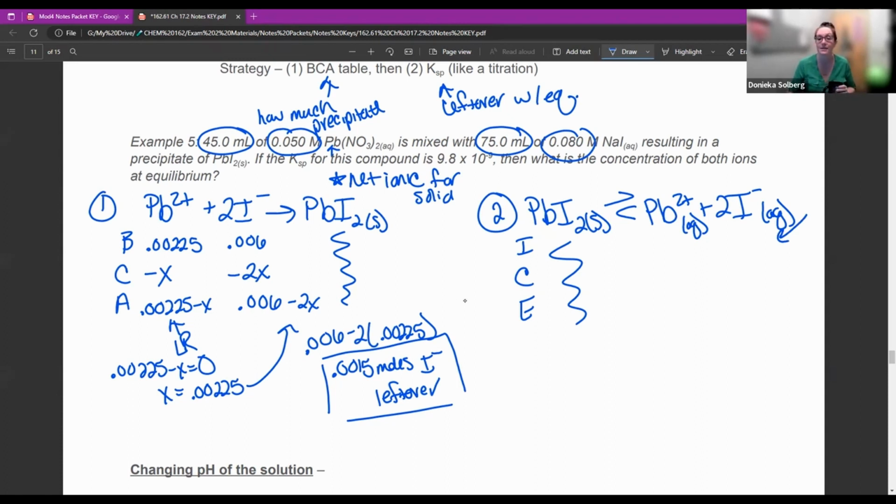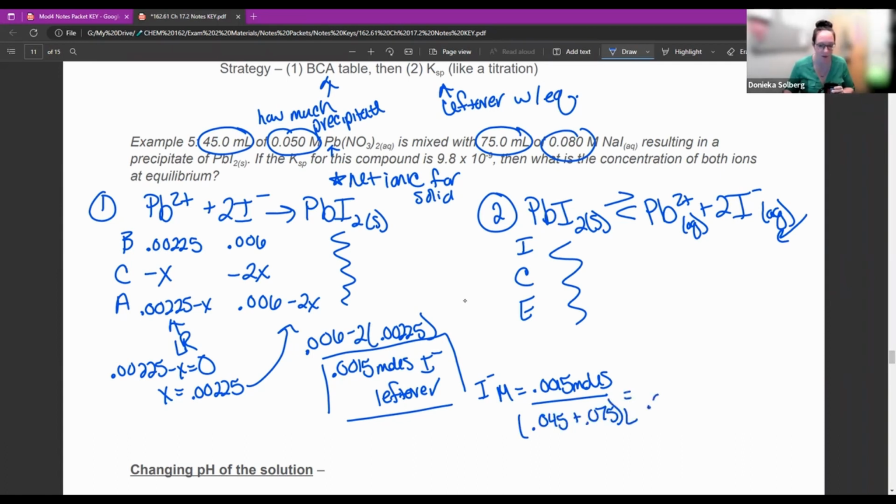Okay, now ICE has to be in molarity though, so I do have to put it over the total volume. So it's this many moles, so the iodine molarity is going to be 0.0015 moles over, let's see how many liters we have. I have 75 milliliters and 45 milliliters, which I need to add together, so 0.045 plus 0.075 liters.